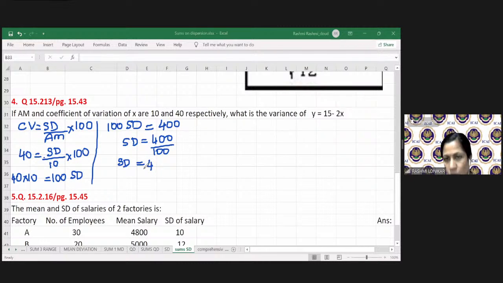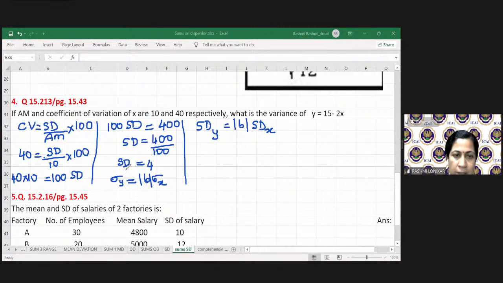So my standard deviation is 4. Now they have also put in this. They are testing whether you know that sigma y, that is the standard deviation of y, is equal to mod of b into standard deviation of x. Change of scale. If you don't like this symbol, you can also write SD of y is equal to mod b into standard deviation of x.